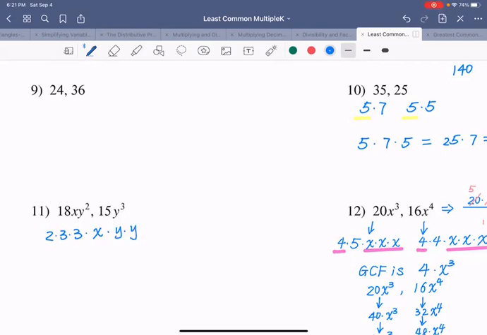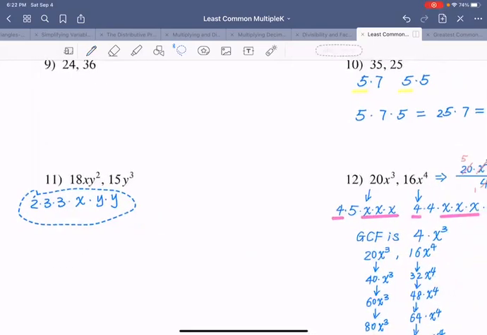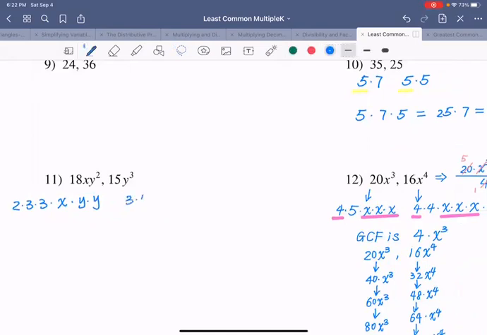Yeah, we can just write down y times y, okay? Now let's do the other one. Go ahead. So 15 is 3 times 5. And then y cubed. y and y and y, okay? Now go ahead, take the common factor.